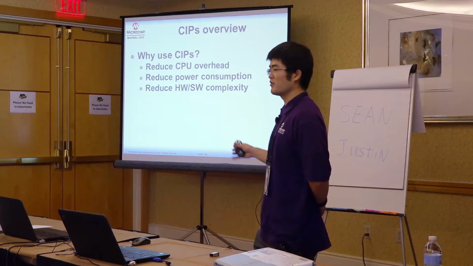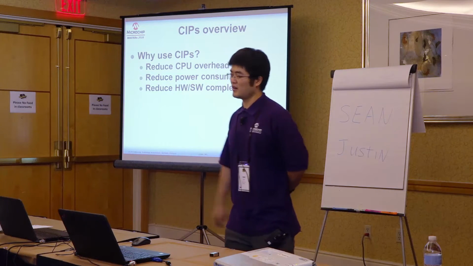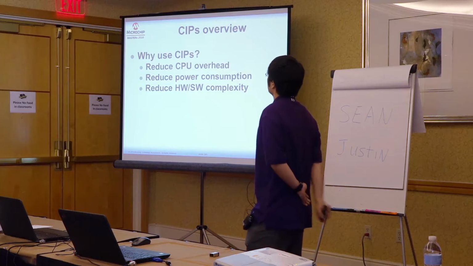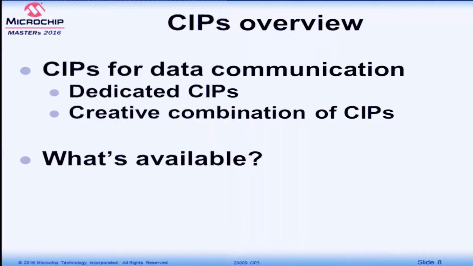And you don't have to worry about software routines emulating something in software because those are handled by the hardware. So those are the basic ideas of why we came up with those CIPs to help facilitate your design.